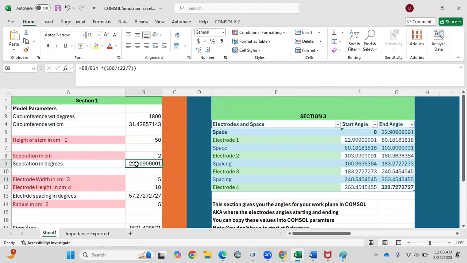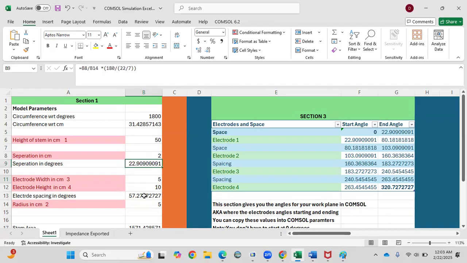If you want to make theta the subject of the formula, theta will be S over R, and you just convert it to degrees, and you get this. So this is basically the angle, or you can say the separation in terms of degrees. And down here you have the electrode width in terms of degrees. So each electrode subtends this angle and each space subtends this angle.